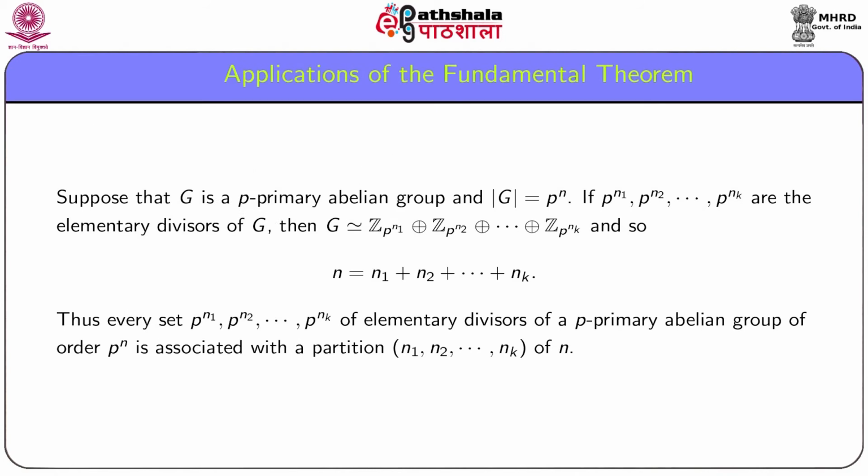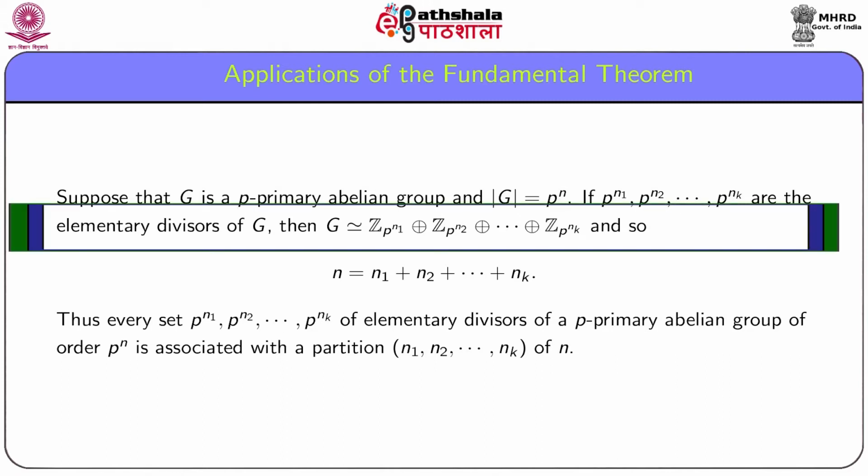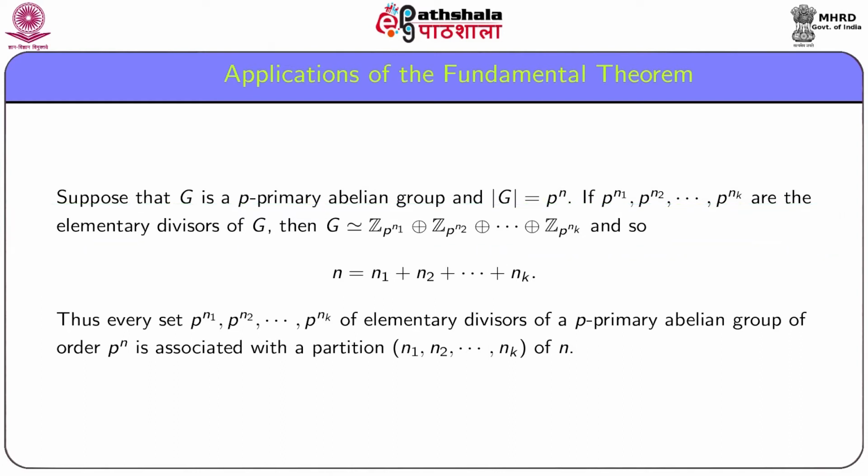Suppose that G is a p-primary abelian group and the order of G is equal to p to the power n. If p to the power n1, p to the power n2, up to p to the power nk are the elementary divisors of G, then G is isomorphic to the sum of the cyclic groups Z p to the power n1, Z p to the power n2, plus so on, plus Z p to the power nk.